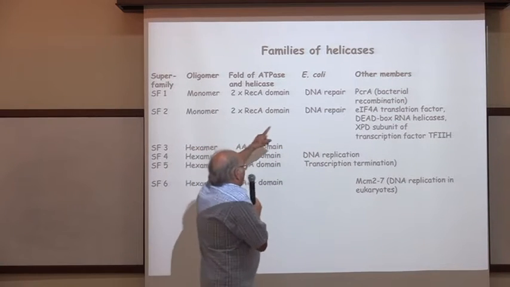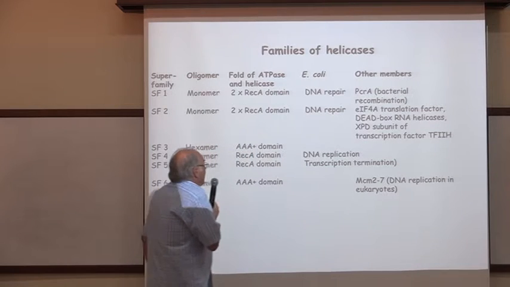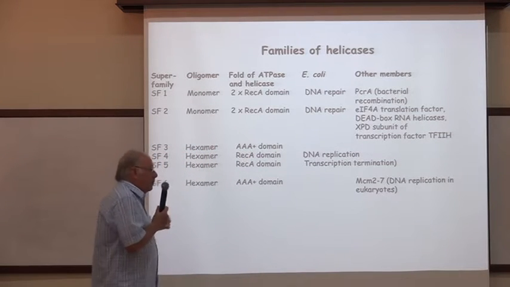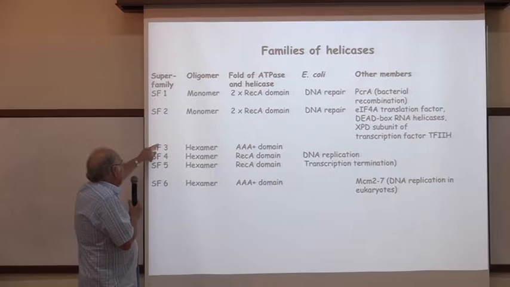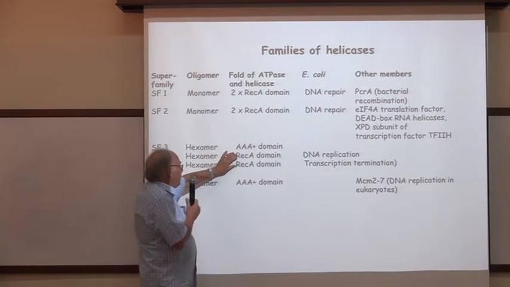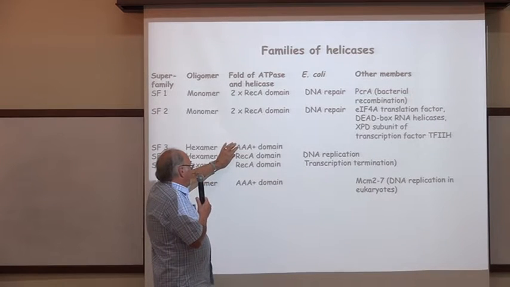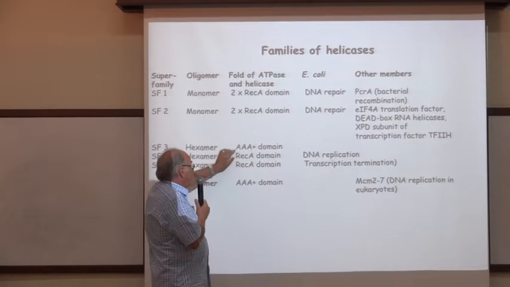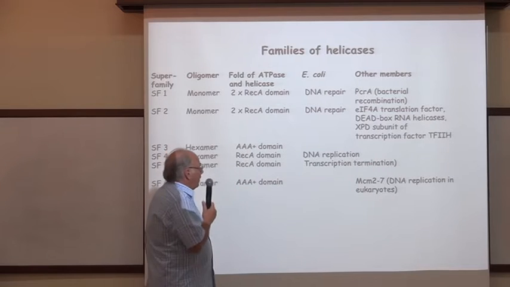And these are involved in DNA repair, because even in DNA repair you need to open the DNA. But these other ones, these four, are hexamers, and two of them have the Rec-A domain, but two others have another type of domain called the AAA plus domain.